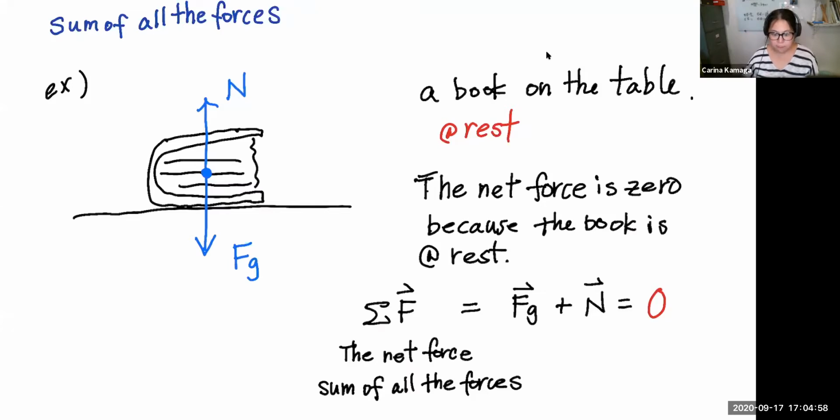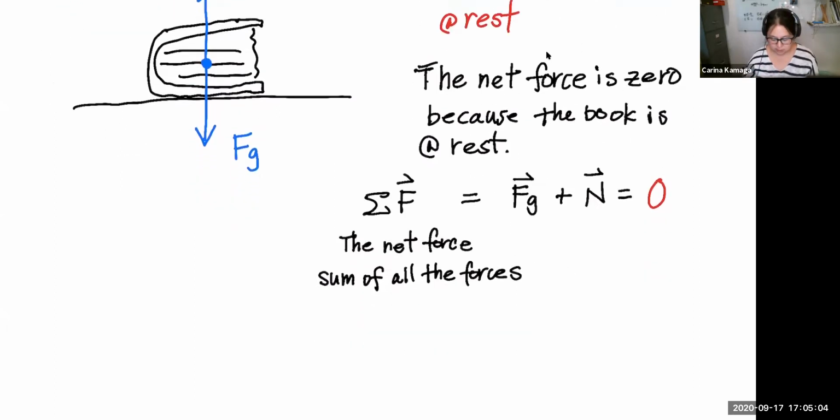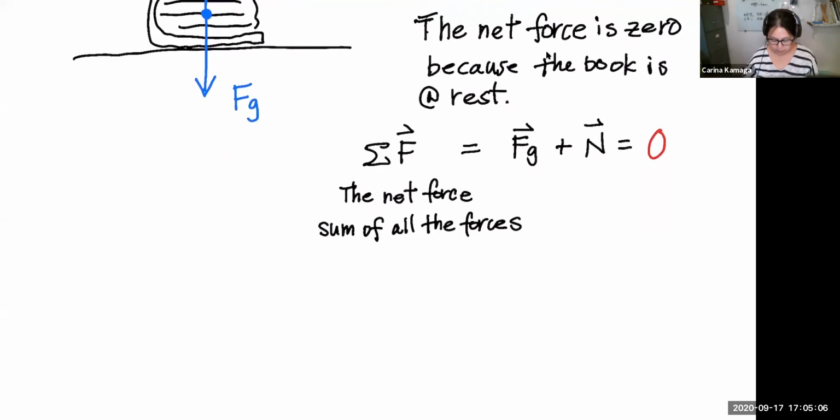So the net force, again, the idea of a net force means you just add up all the forces. That's what it means by net force. You could have a case where there's a force pointing in one direction, and then a force pointing in another direction. Another example.